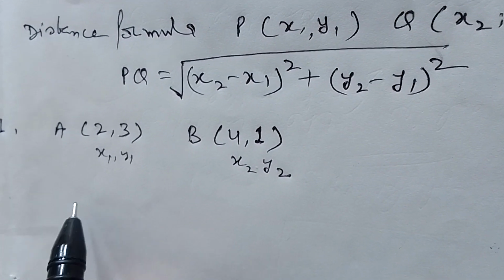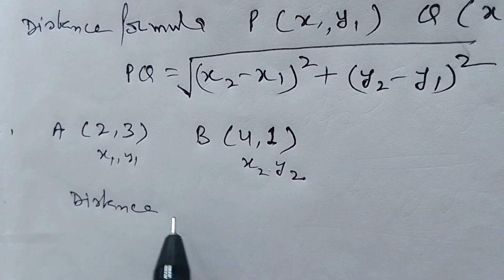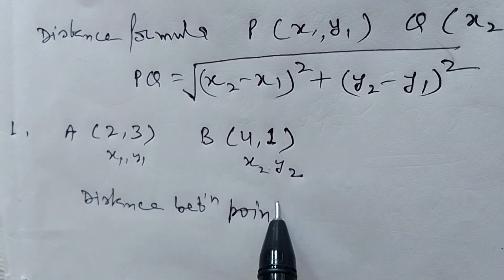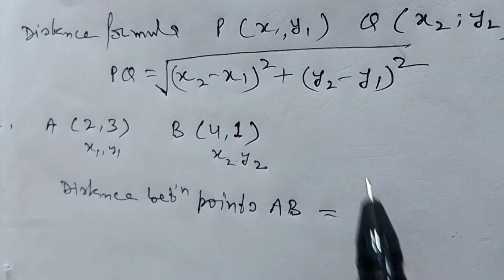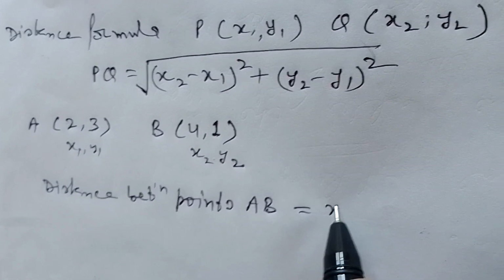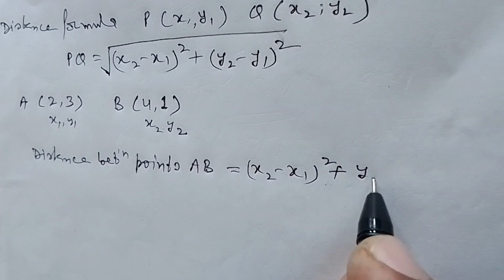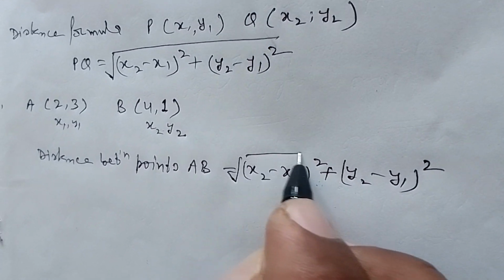So the distance between points A and B is calculated with this formula: the square root of (x2 minus x1) square plus (y2 minus y1) square.